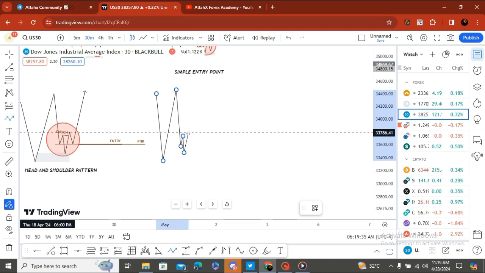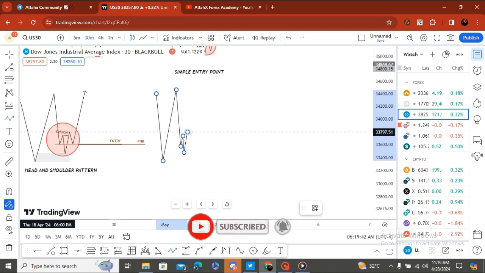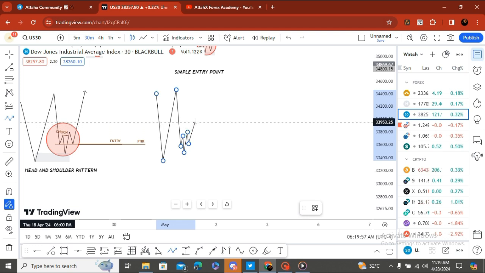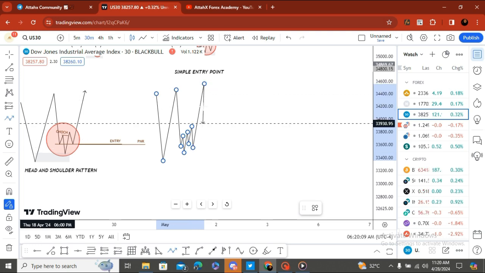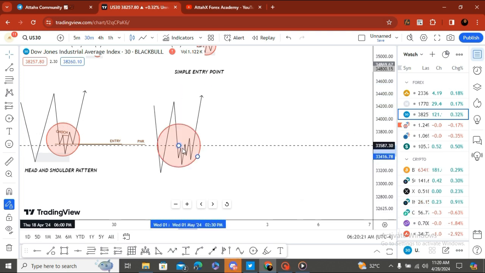I know you've noticed a lot of scenarios whereby markets gave a change of character and then did not come to the level of your order block, that is using the head and shoulder pattern, and then it does something like this, breaks another structure, then expect the market to come back and take this internal structure before giving time frame direction. So this pattern was what was formed on the lower time frame using the Quasimodo.